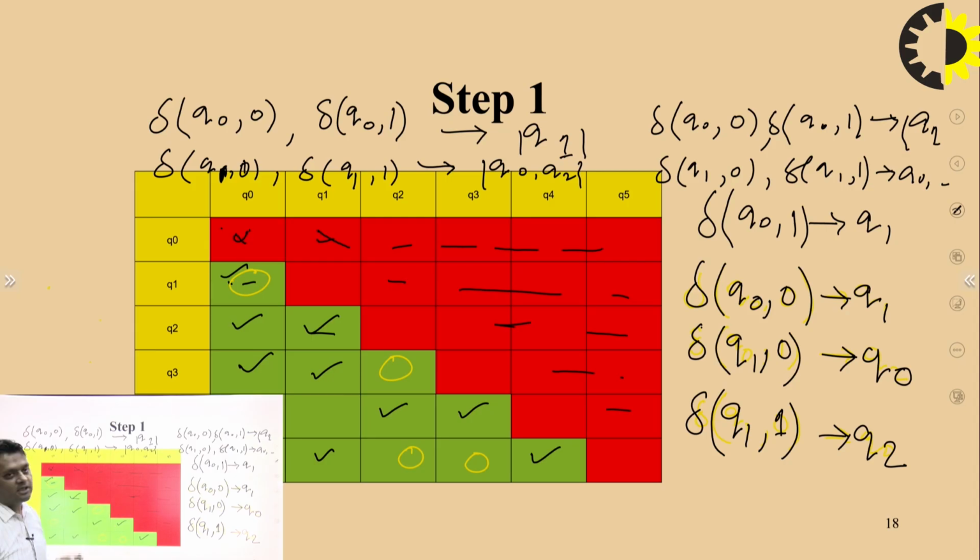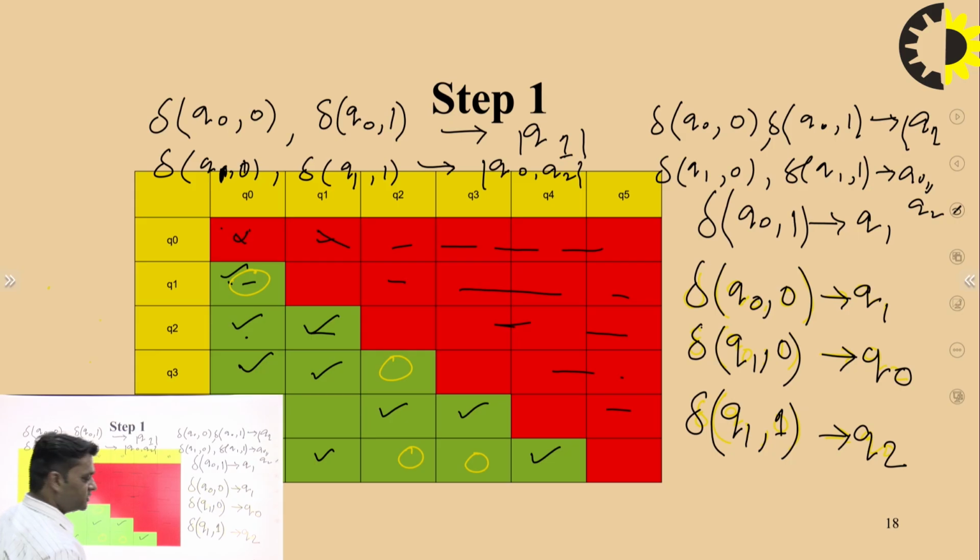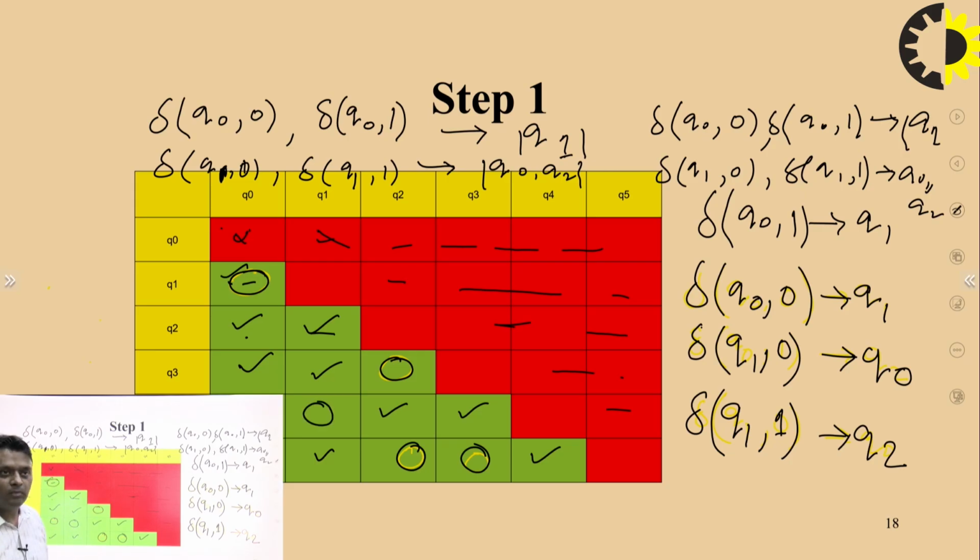If there is a marked combination of states in both pairs, just Q0 Q2, Q0 Q2, we see here this one is marked, so we mark here, else leave these pairs of states and continue these steps until all unmarked pairs of states are marked.